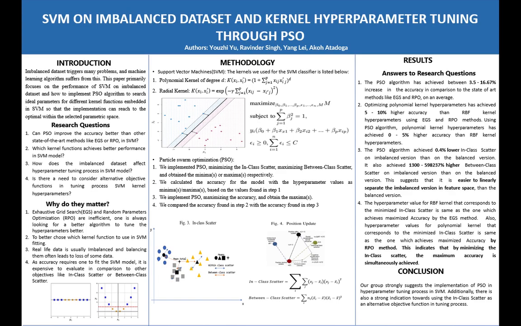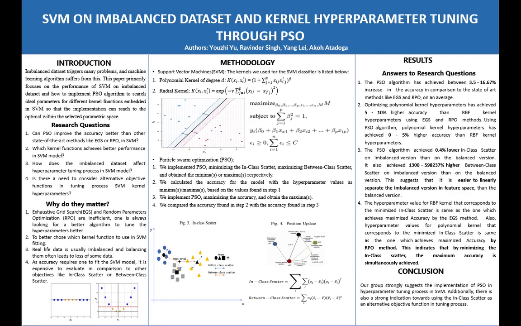For example, in the Gaussian generated imbalanced dataset, PSO achieved 71% accuracy, whereas the exhaustive grid search and random parameter optimization achieved only 62%.